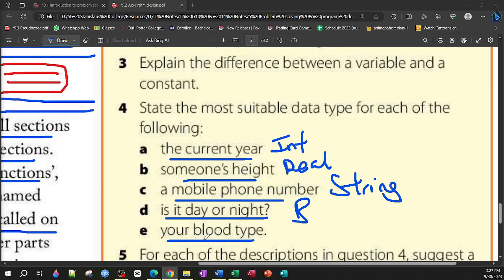Yes, it could be character because it's just a single character. But can we use character? I was thinking that type A or type B is going to be string and not character. That's another reason.